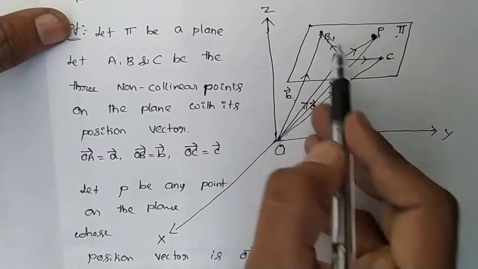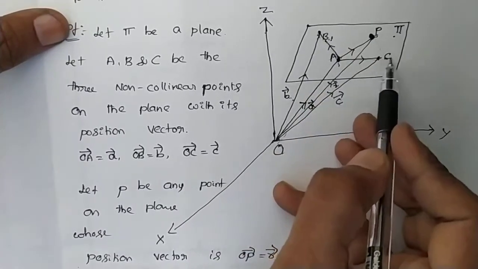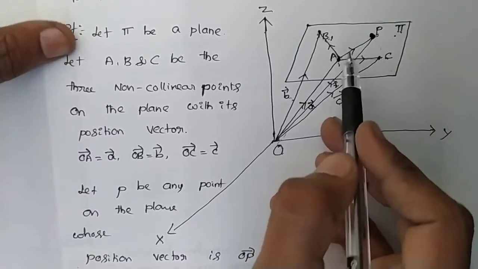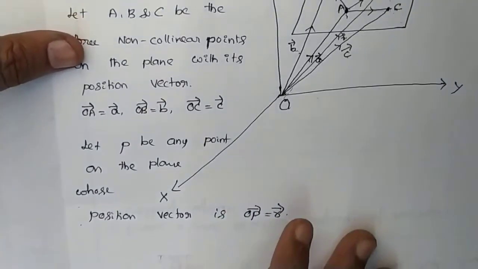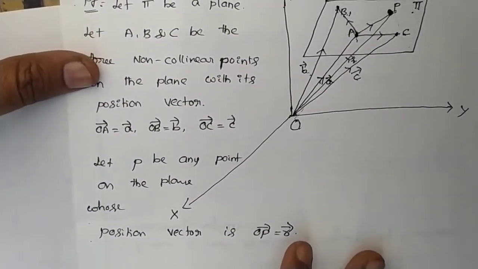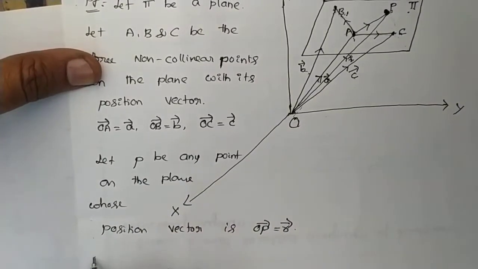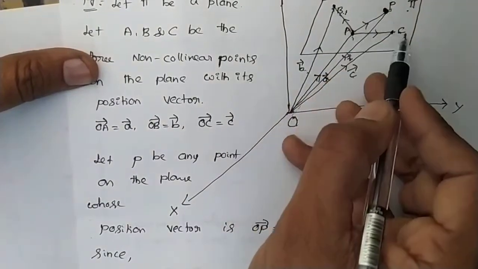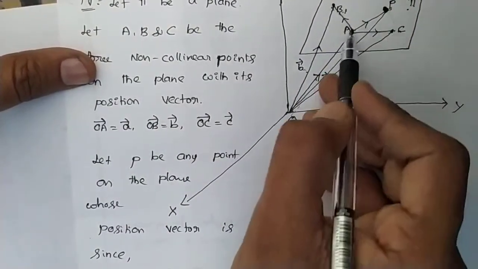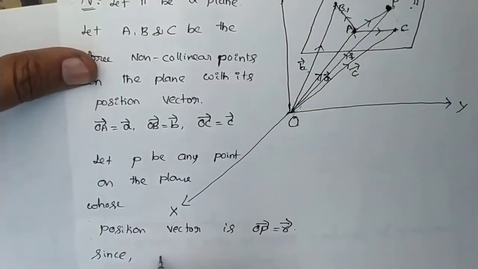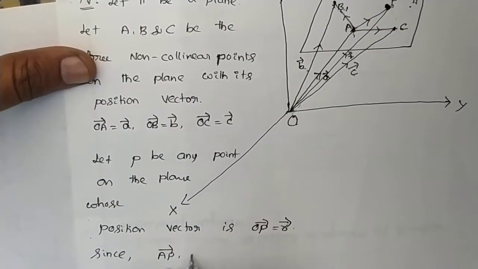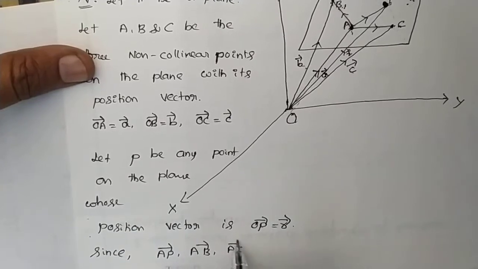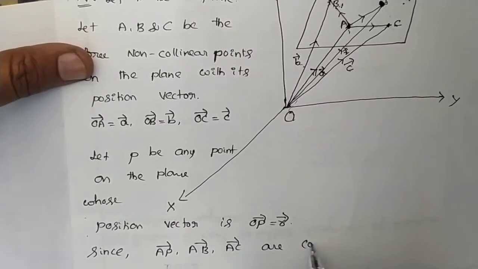Here we have AB vector and AC vector lying on the same plane, so these three vectors are coplanar. Since AP vector, AB vector and AC vector are coplanar.